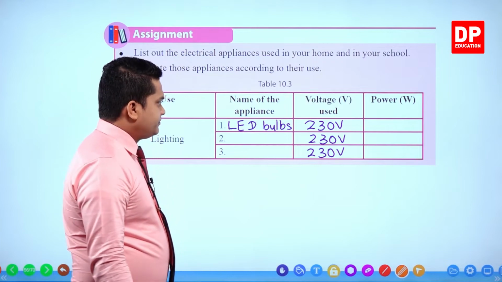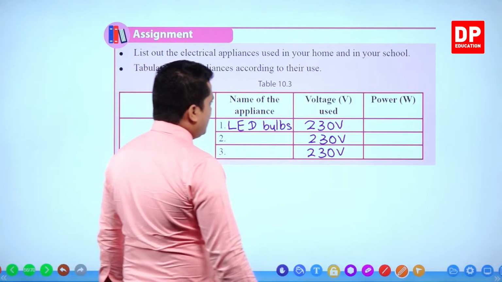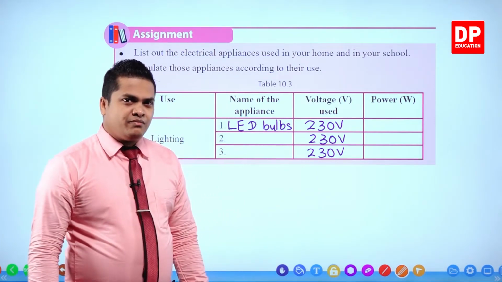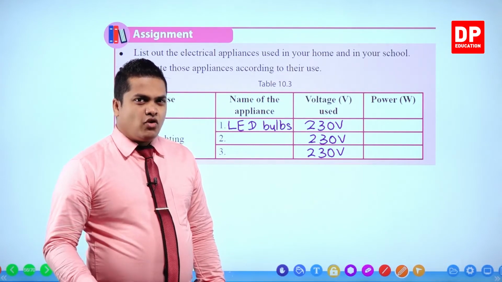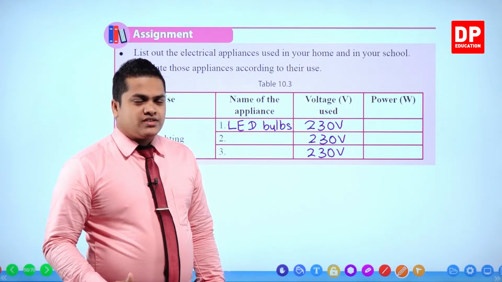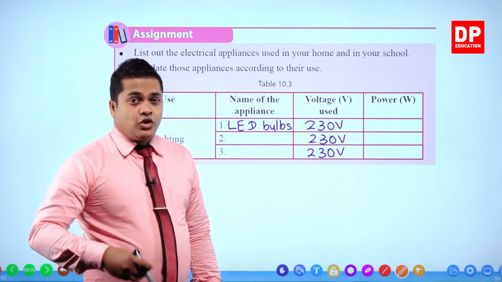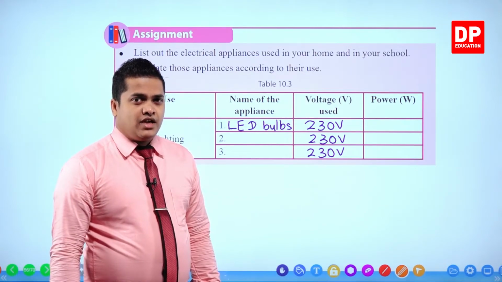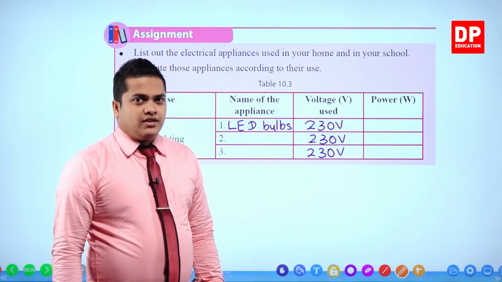Then the power. Normally LED bulbs are available in different types of powers like 8 watts, 5 watts, 15 watts, 25 watts and so on, right?